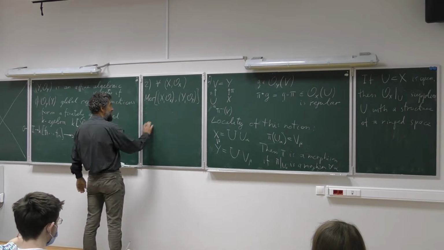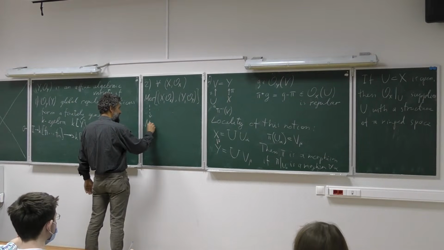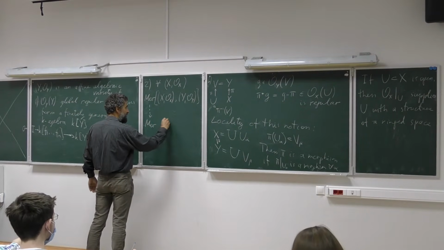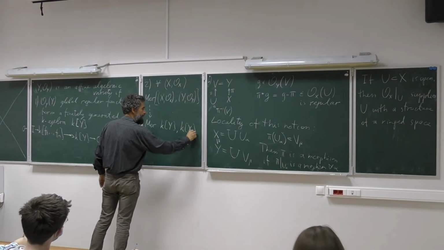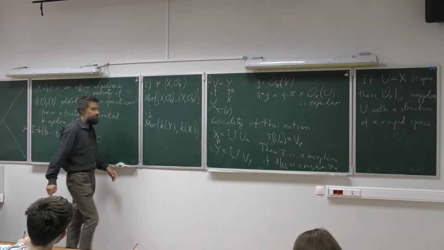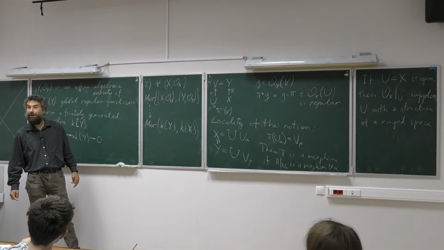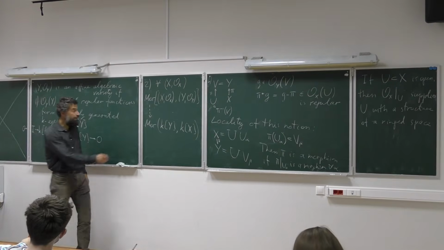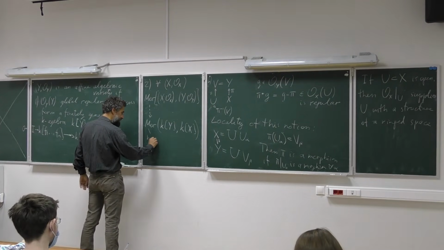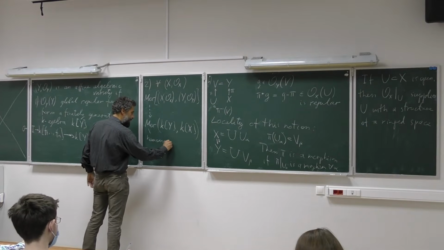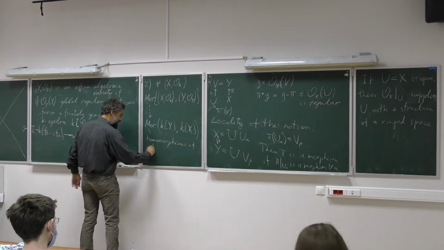So from here there is a map to morphisms from K of Y into K of X. These are homomorphisms of algebras.